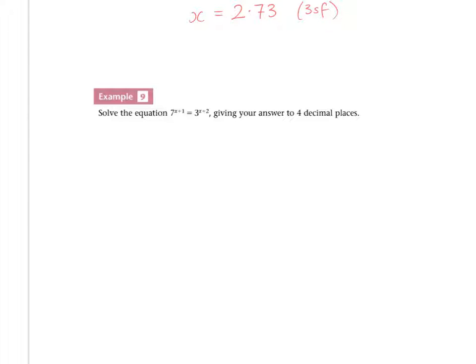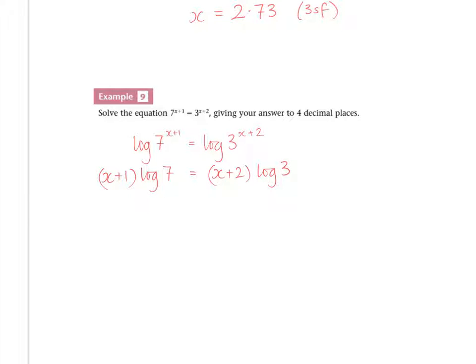We will take logs of both sides, so log 7 to the x plus 1 and log 3 to the x plus 2. Apply that power law. So the x plus 1 comes in front of your log. I'd be tempted to put it in brackets just to make it clear, and then x plus 2 goes in front of log 3. And remember, log 7 and log 3 are just numbers, that's all they are.